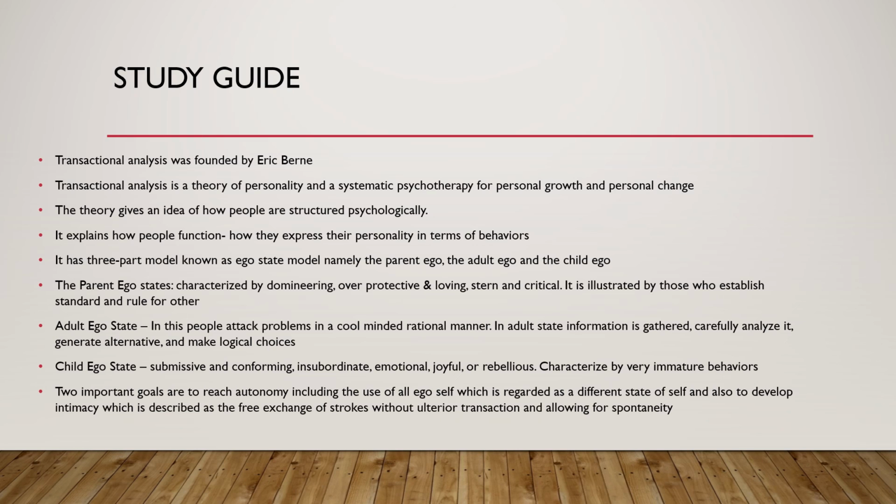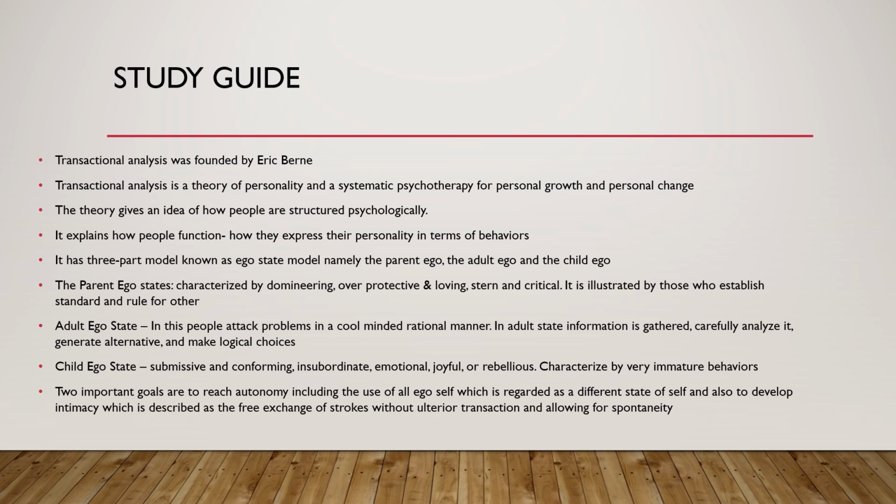The parent ego state is characterized as domineering, overprotective, loving, stern, and critical. It is illustrated by those who establish standards and rules for others. In the adult ego state, people attack problems in a cool-minded, rational manner.